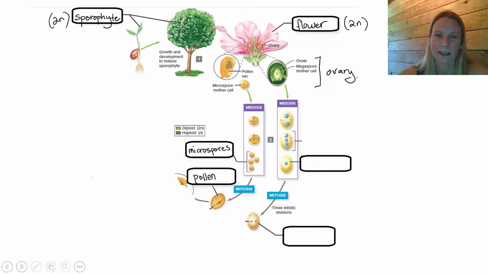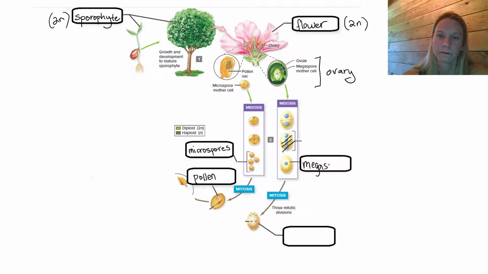And that creates 4 of these megaspores. However, 3 of them degenerate, which means they die off. So we only end up with 1 megaspore left here. By the way, we are now haploid.